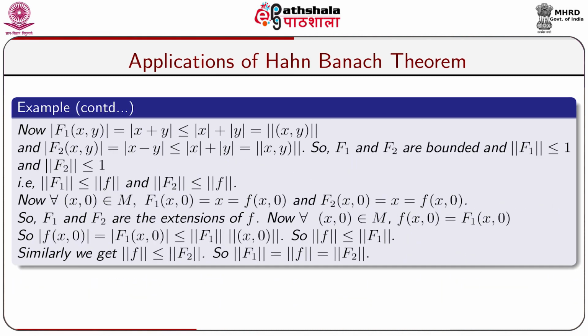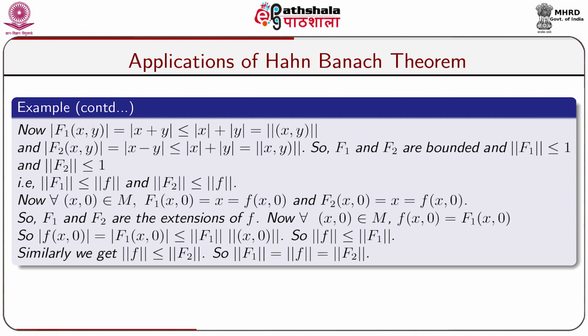Now, modulus of F1(x, y) is equal to modulus of x plus y, because F1(x, y) is equal to x plus y is defined. So, modulus of (x plus y) is less or equal to mod x plus mod y. By the definition of the product norm in R2, modulus of x plus modulus of y is equal to norm of (x, y). So, modulus of F1(x, y) is less or equal to norm of (x, y).